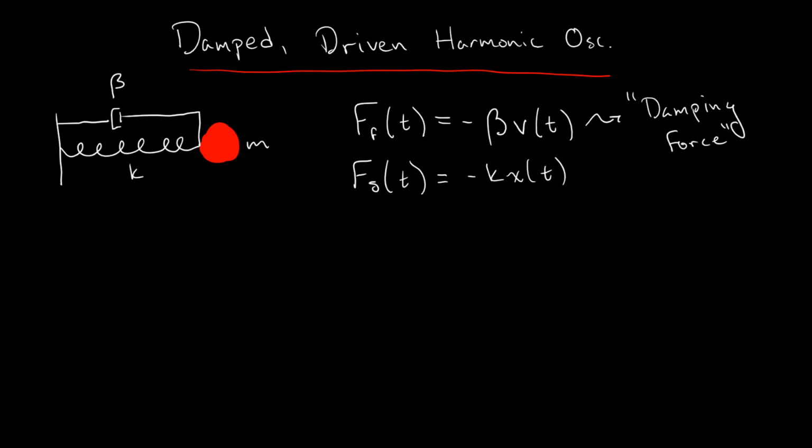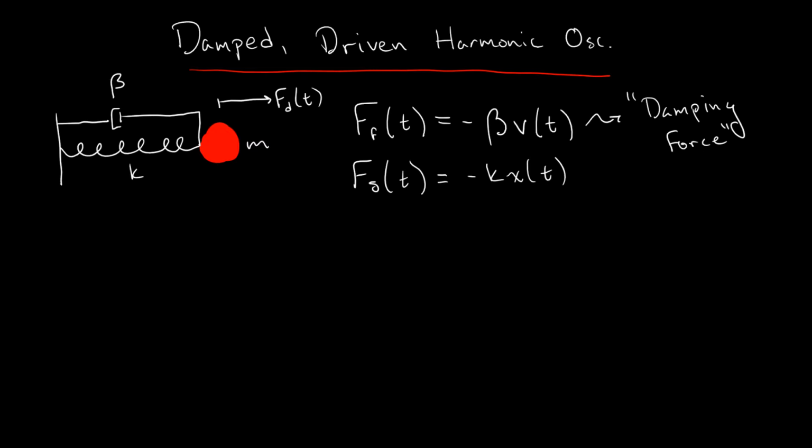And then we'll also allow some external driving force. So maybe we have it attached to a string and we're pulling on this string or something along those lines. Or maybe it's hanging in a gravitational field, or maybe it's a charged mass and we put it in an electromagnetic field. Whatever it may be, we're going to allow some driving force Fd.